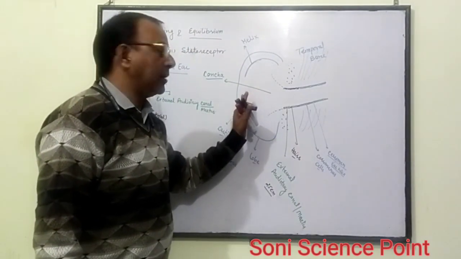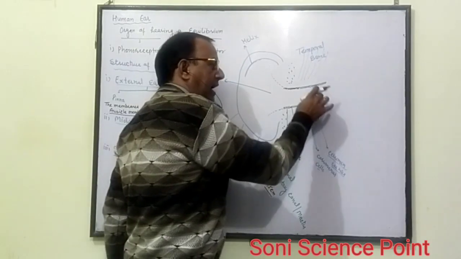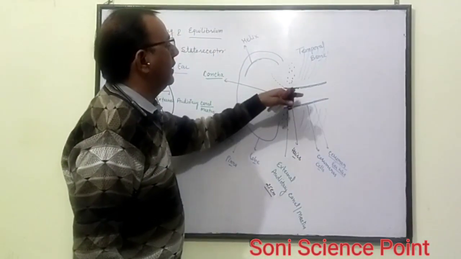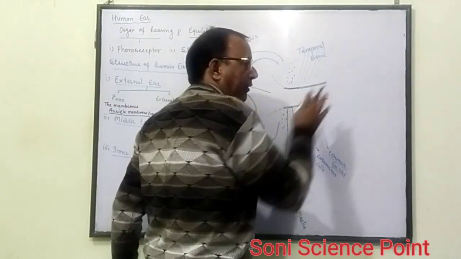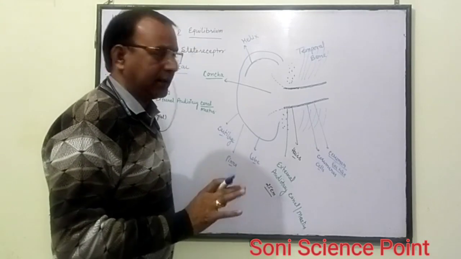If some insect enters the ear, the wax traps it. The earwax prevents the insect from entering the inner side of the ear.